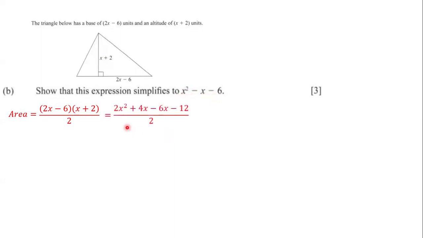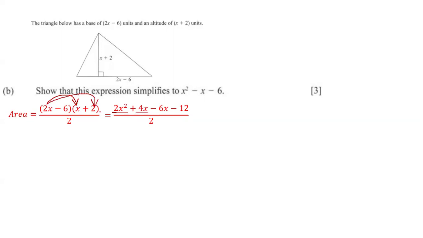Okay, so the first thing we're going to do is multiply. So we say 2x times x, and 2x times x is 2x squared. Next, we say 2x times 2, and 2x times 2 is 4x.